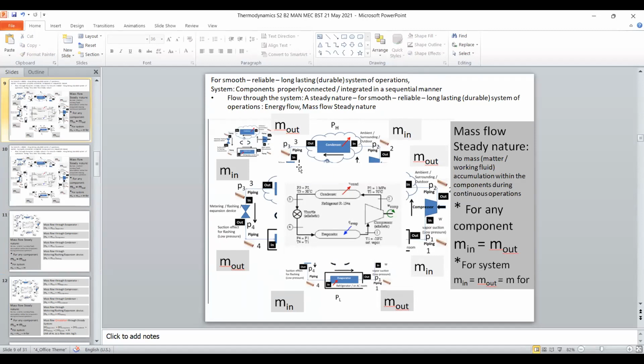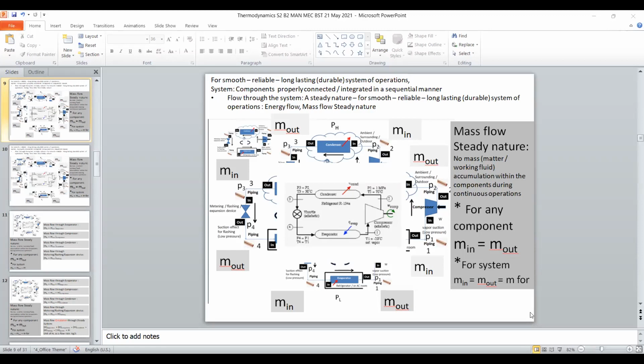Okay. Within all these processes, when the working fluid is passing through the components, this flow is steady. So you know steady flow. Okay. So it's a constant mass flow passing through all. Notice, the same constant mass flow in the system. Okay.